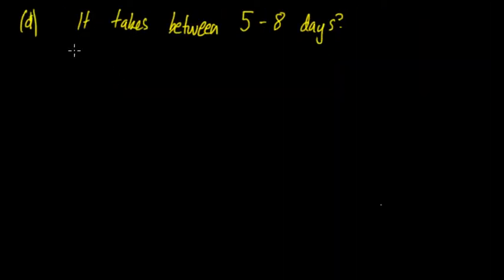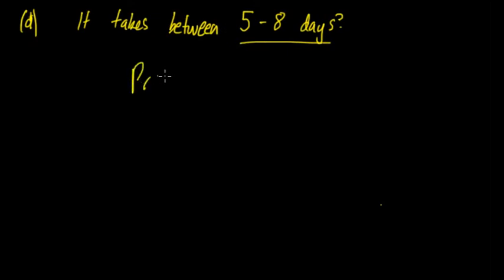Yeah, so now the next question is it takes between 5 to 8 days. Now I skipped B, but that's because I got the order mixed up. So it's just A, C, D. They're just separate sort of questions. They're interrelated. So it takes between 5 to 8 days. So how do we do this?